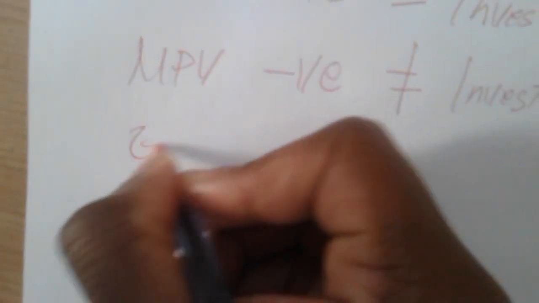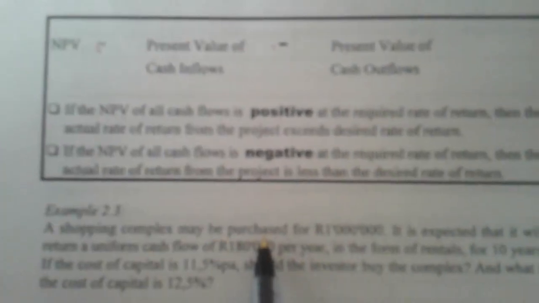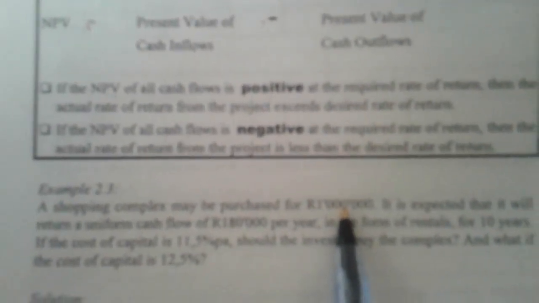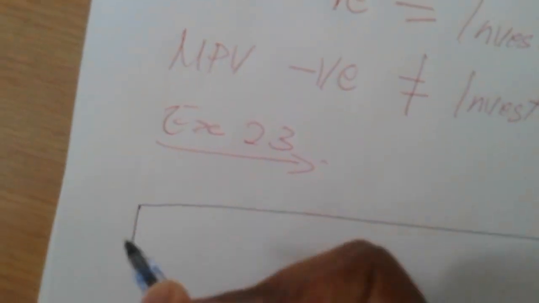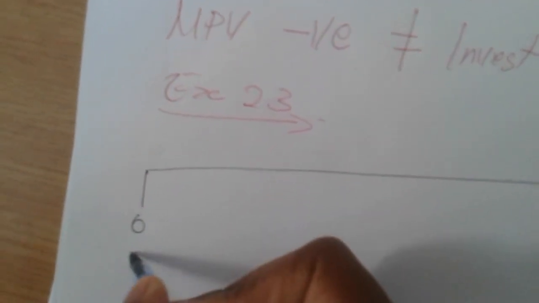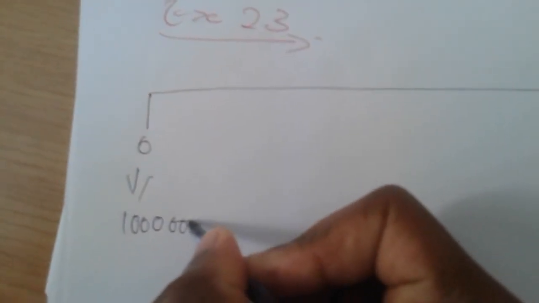So how do we calculate NPV? Let's read example 2.3. A shopping complex may be purchased for 1 million. So obviously 1 million is our investment. So 1 million, I write it in brackets.